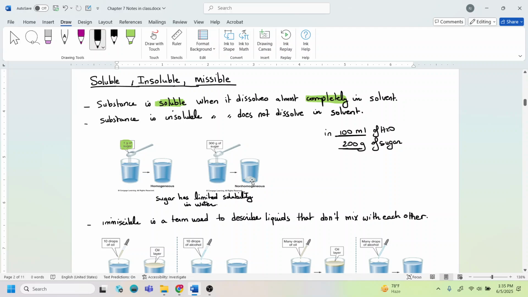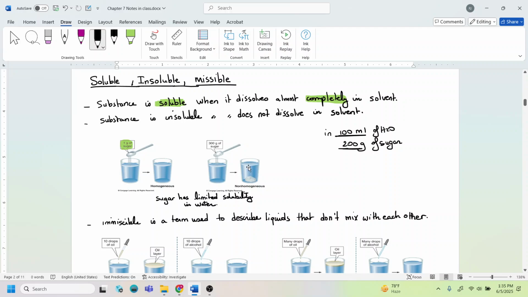Now, can you dissolve this extra solid in the 100 mL of water? Yes, you can, by increasing the temperature of the solution. If you increase the temperature of the water, the extra solid will dissolve.